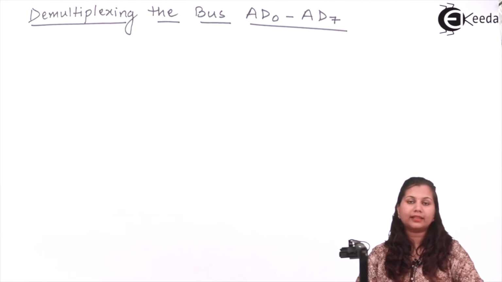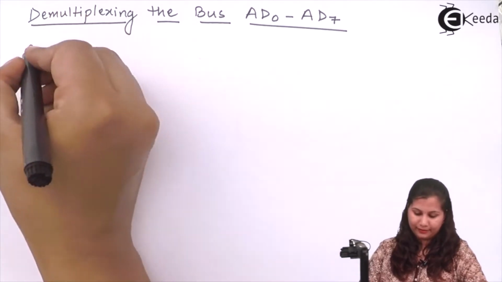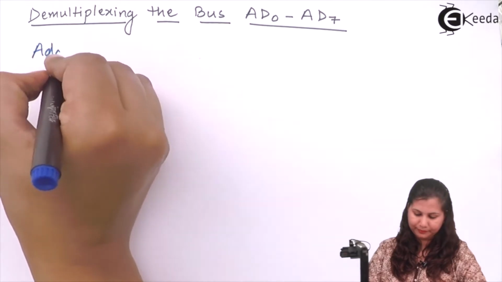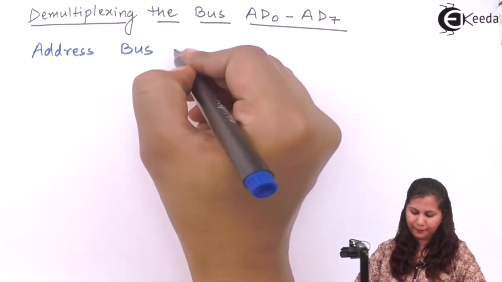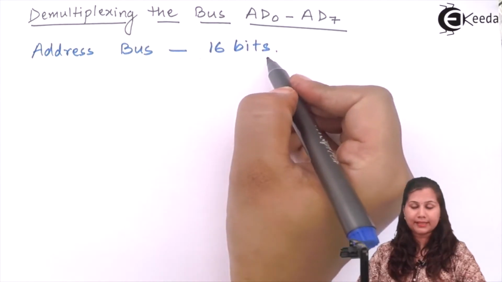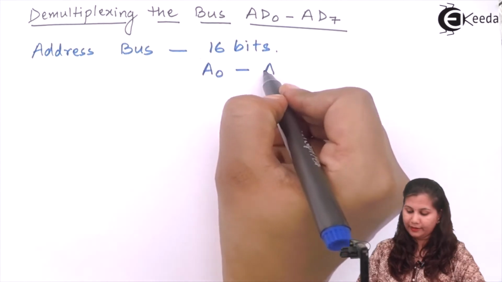We know that in the 8085, the address bus is of 16 bits. So these 16 bits are denoted from A0 to A15.